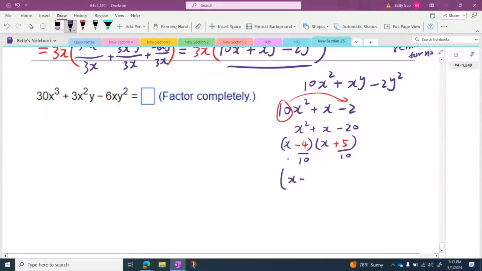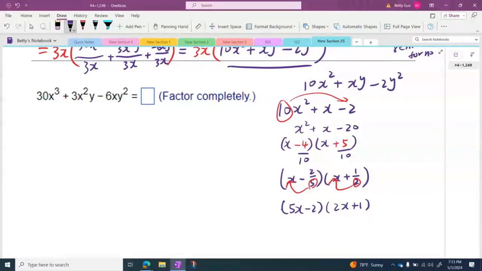Simplify the fraction. This is negative 2/5. This is 1/2. And then slide it back. And we have 5x minus 2, 2x plus 1.